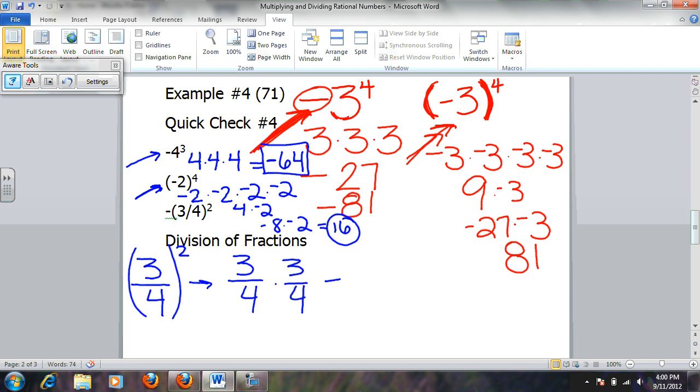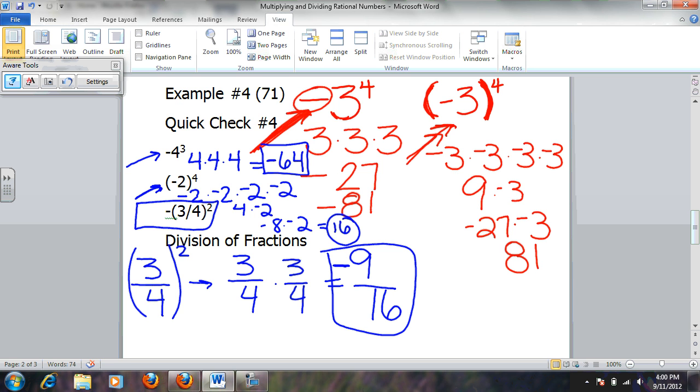Straight across. 3 times 3 is 9. 4 times 4 is 16. Am I done? Look back at this example. It was the opposite of 3/4 squared, so it's going to be the opposite of 9/16. So I put my negative sign in.